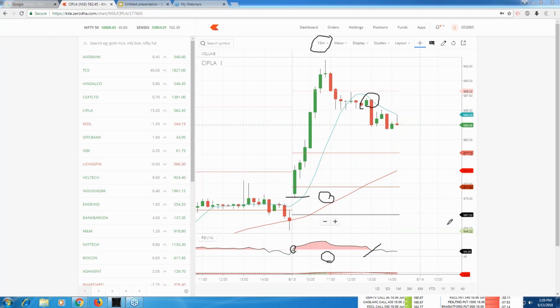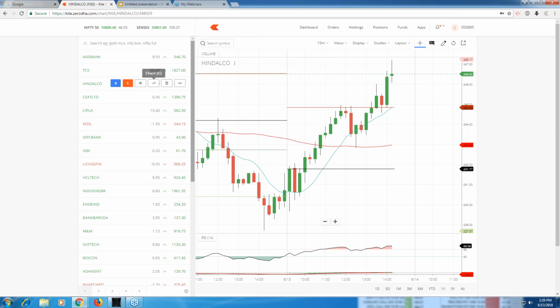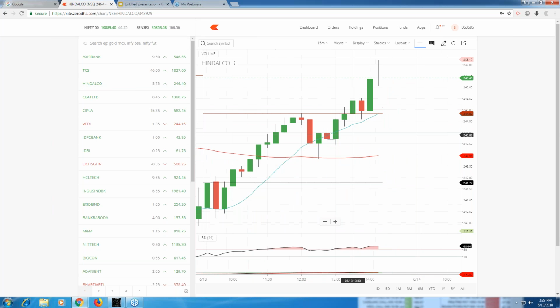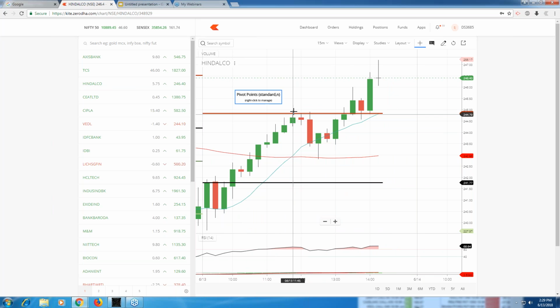So I did a lot of trade based on this particular thing today, and some out of my fear I exited early also. Like one of the stocks that I traded today was Hindalco, right? I entered when the stock, somewhere here it went above 60 RSI, right? But at this point, I got a little scared and I exited my trade.